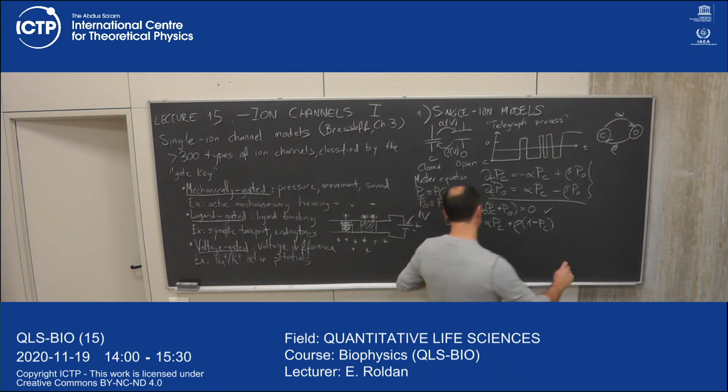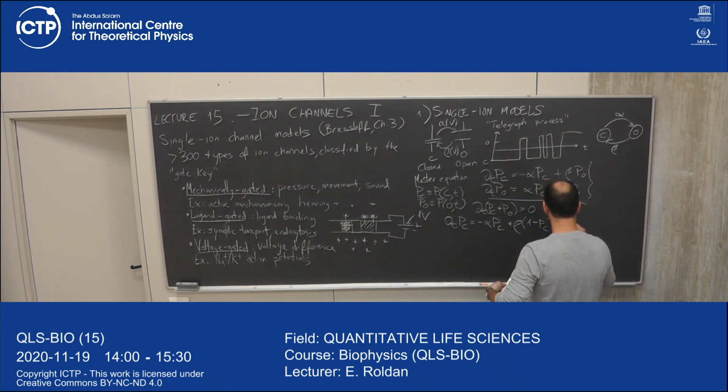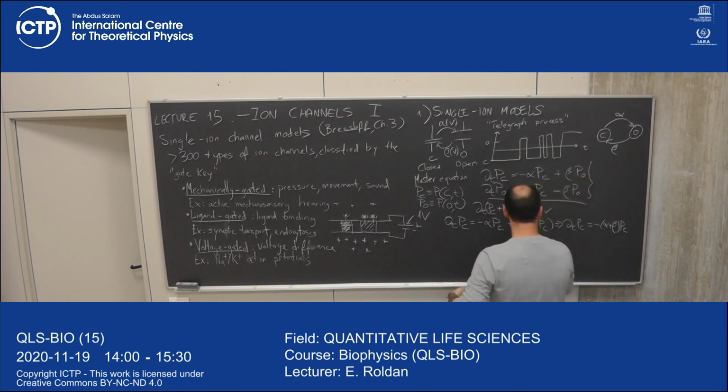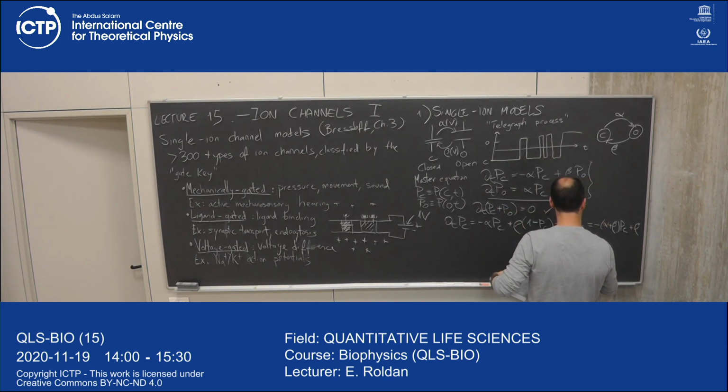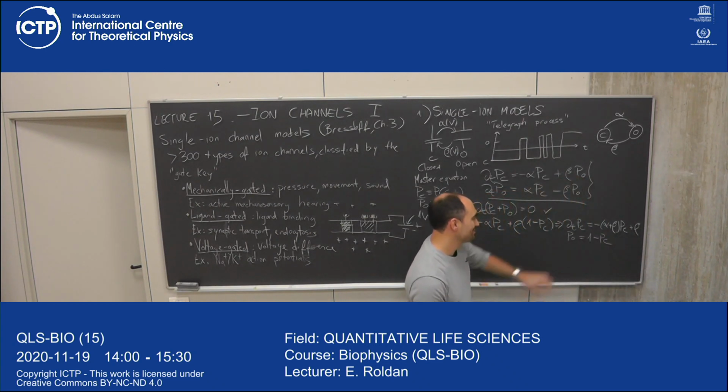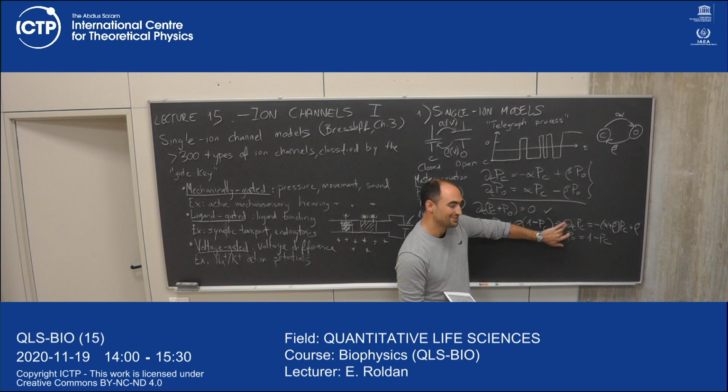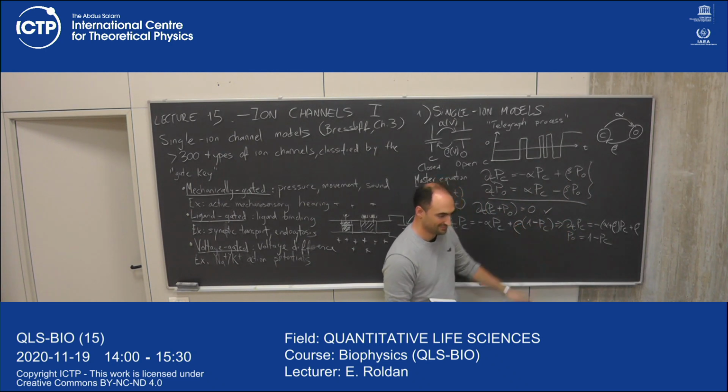As simple as this. So partial t Pc equals minus (alpha plus beta) Pc plus beta. Once you solve for Pc, you get P of o.